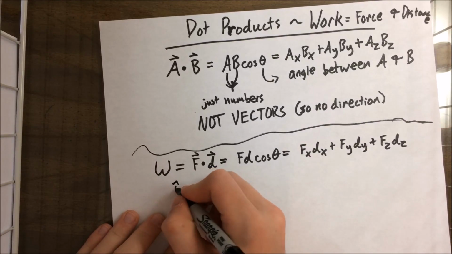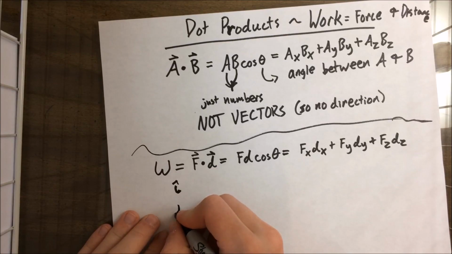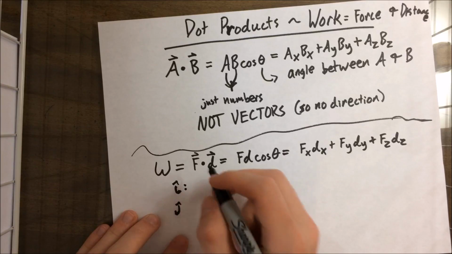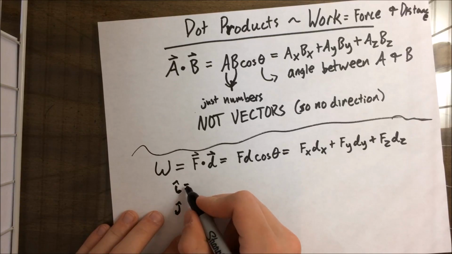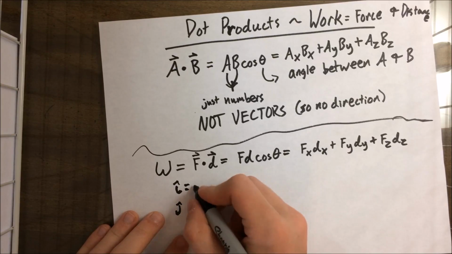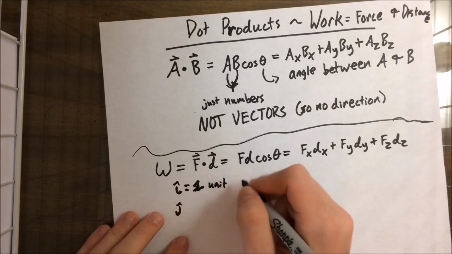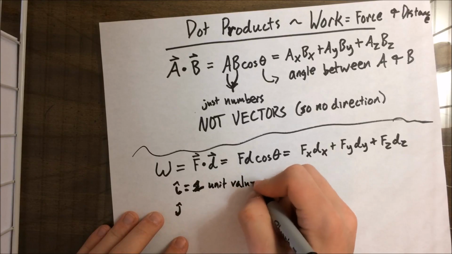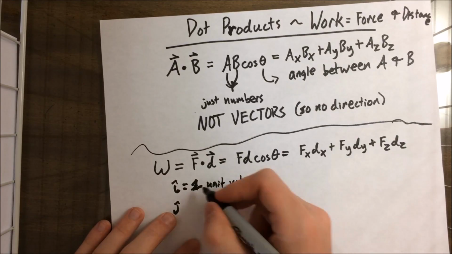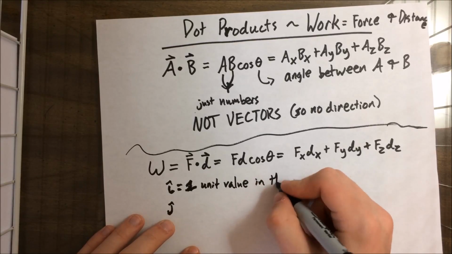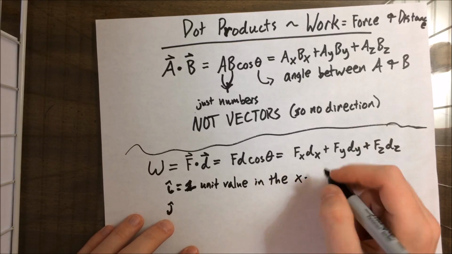So this is called I hat, and that's equal to the x direction. So it's one unit value in the x direction.